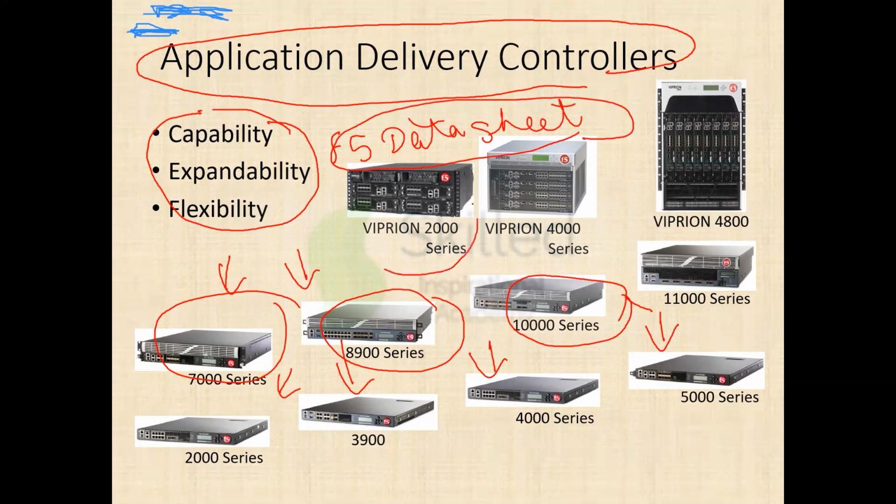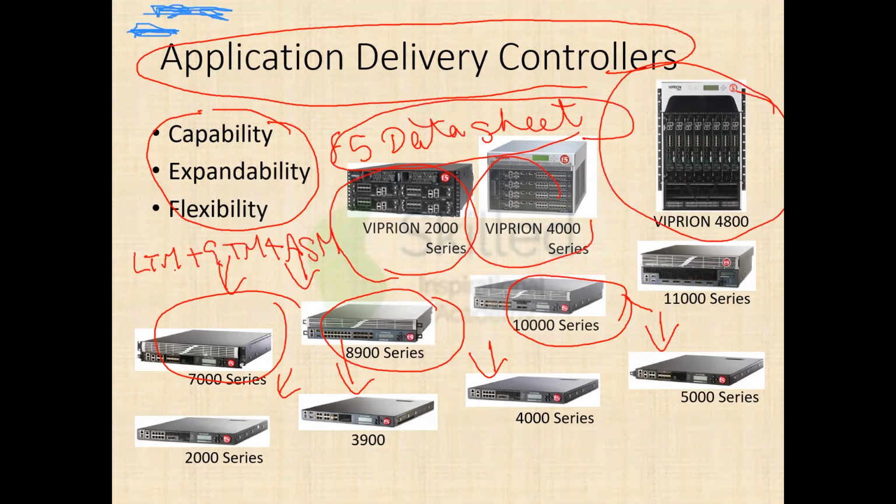Also, we have VIPRION models, 2000 series, 4000 series, and the higher model goes to 4800. On all this hardware, you can deploy LTM plus GTM plus ASM, depending on your license. So you can deploy all three modules together, or four modules.